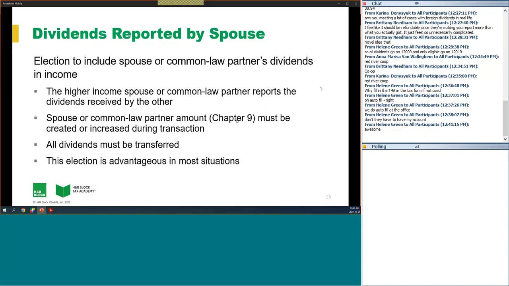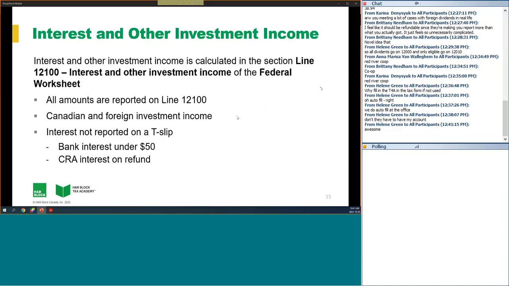Okay. So we've done one type of investment income, which is dividends. I'm going to do another type of investment income next, which you already know a little bit about. It's interest. If you earn interest in Canada or anywhere else in the world, but you're a resident in Canada, you have to put it on your tax return.